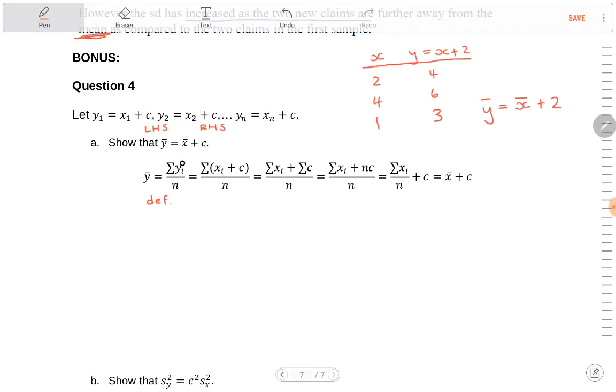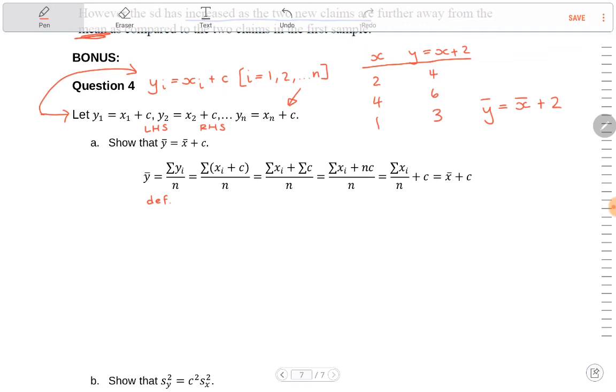We were given that yi equals xi plus c, which is just a shorthand notation for yi equal to xi plus c, where i is equal to 1 to n.